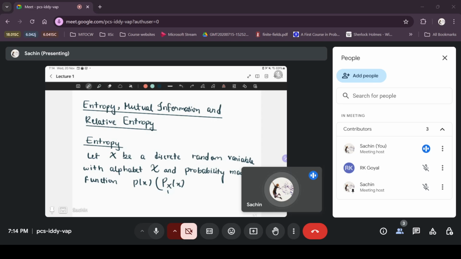But as long as the context is understood, it's fine. You can write only P of x. And this will be the probability of the event that the random variable takes on the value x, where small x is some value in the alphabet.